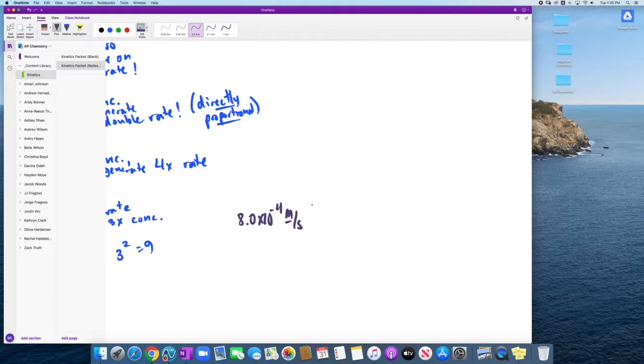So the bromate ion concentration was 0.1 molar. We raised that to the first power since N is 1. Bromide ion concentration was 1 molar in experiment 1. And hydrogen ion concentration was 0.1 molar. That's raised to the second power.